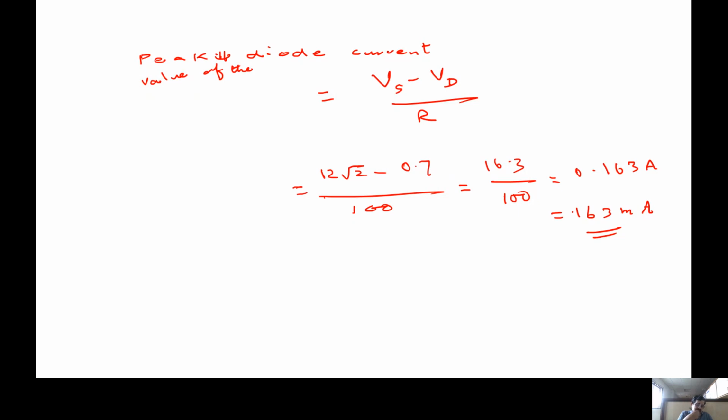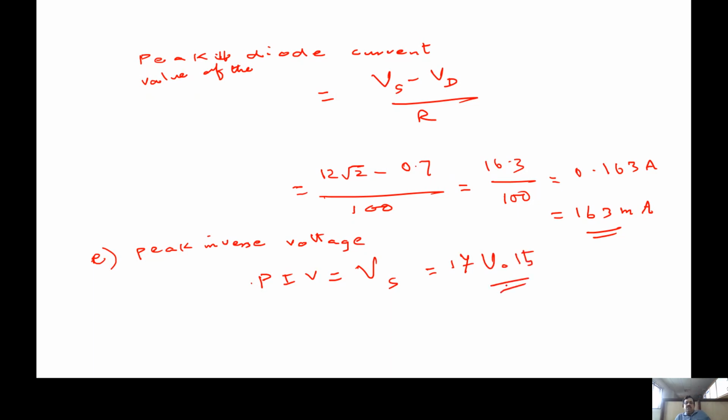Now the peak inverse voltage, PIV. In this case, the peak inverse voltage is given as Vs itself, and that is equivalent to 17 volts.